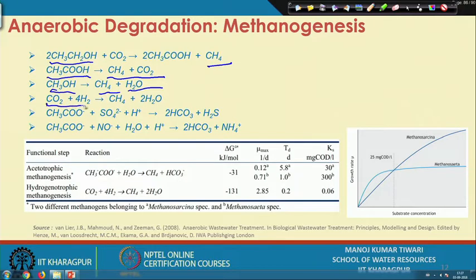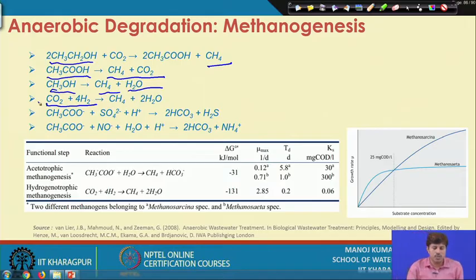Then hydrogen and carbon dioxide, which is hydrogenotrophic methanogenesis, also convert to methane. There is also the possibility of sulfate, nitrate and similar compounds undergoing reactions as electron acceptors. That way the methane production is seen in the reactor.